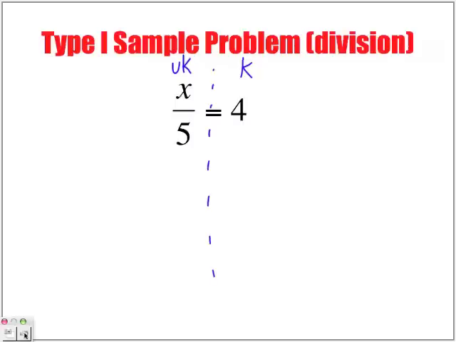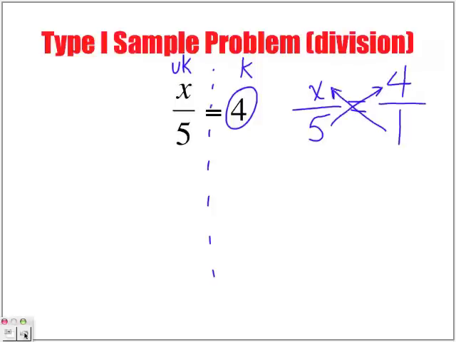Whenever we have something like this, we can rewrite this as x over 5 is equal to this whole number. If we want, we can write it as a fraction as 4 over 1. So I'm adding an extra step, right?